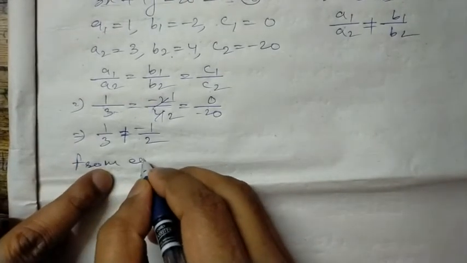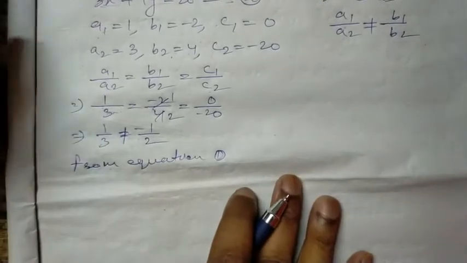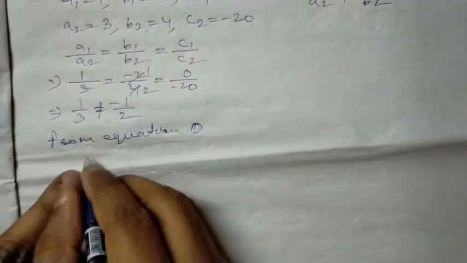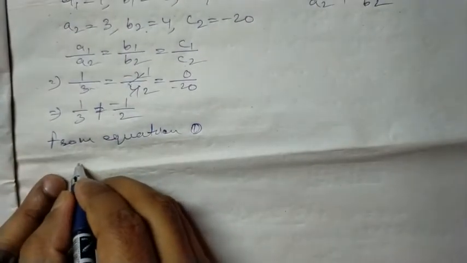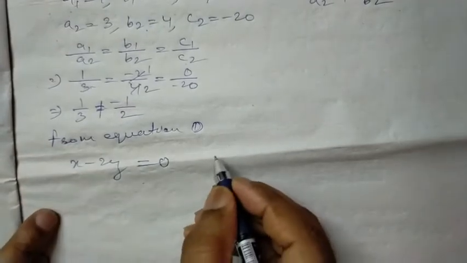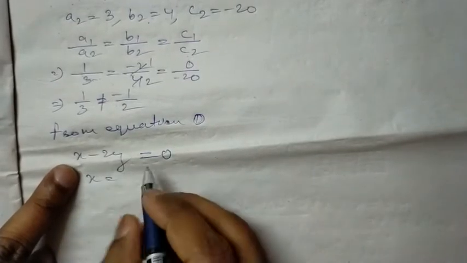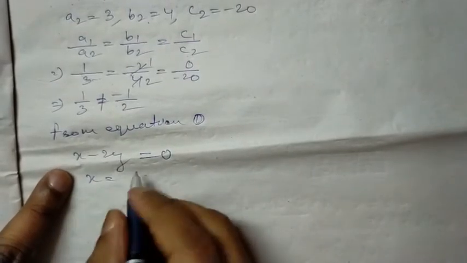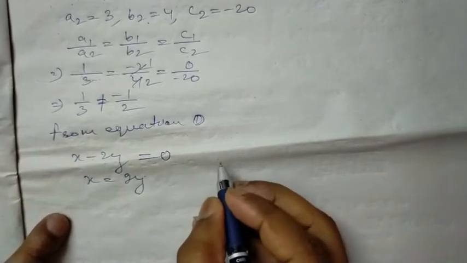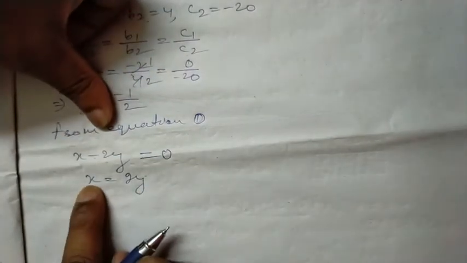From equation 1, our equation was x minus 2y equal to 0. So we can take this term on the right hand side. Minus 2y, if it goes to the right side, will be positive 2y. So whenever we take the value of y, we'll get the value of x.